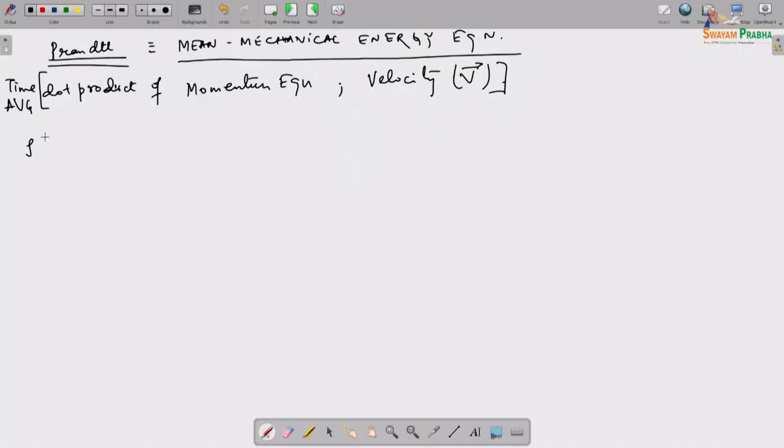Okay. So, let us just say, the mean mechanical energy equation. It looks something like this. Right.